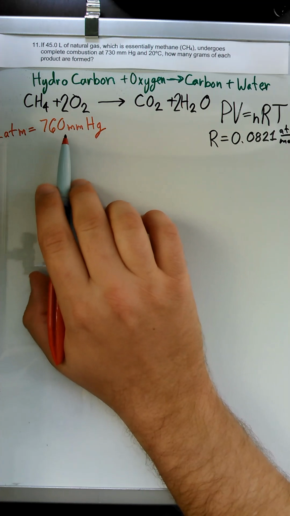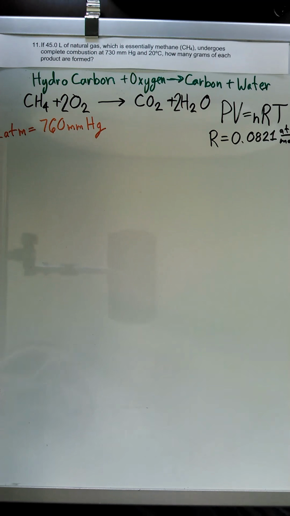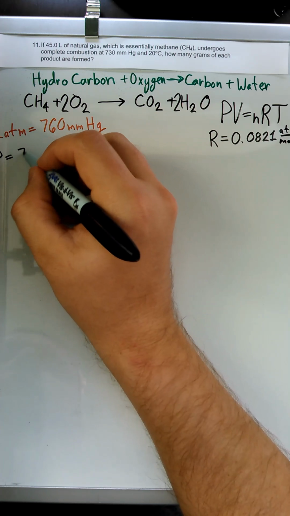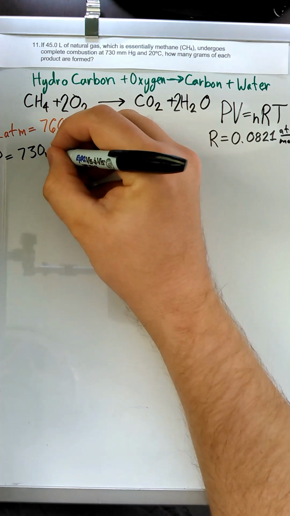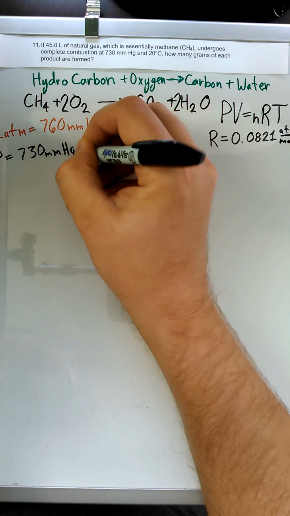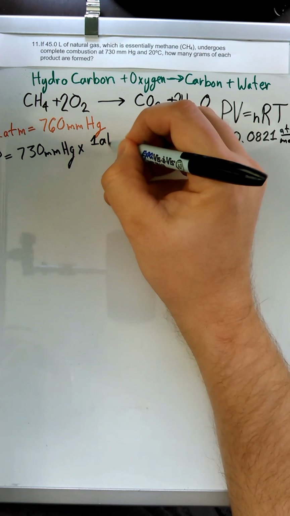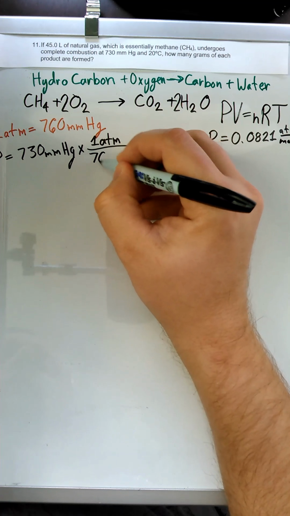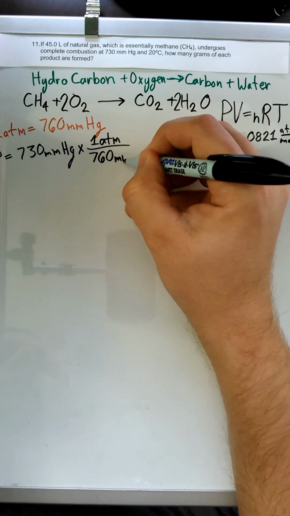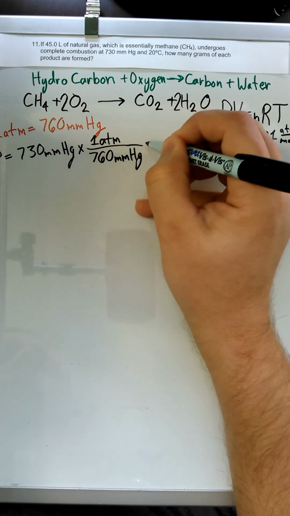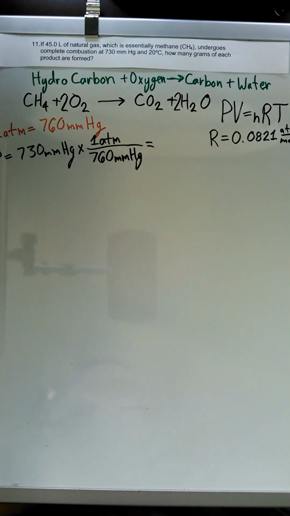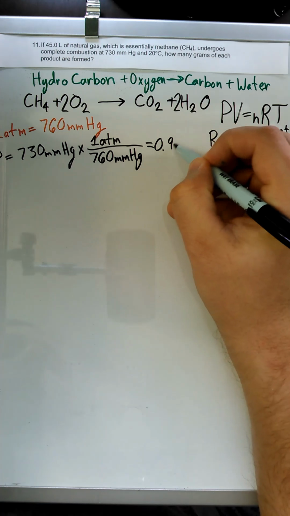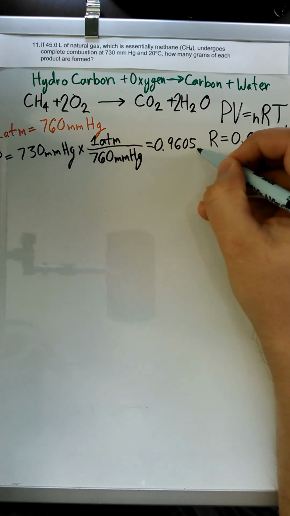So when it says the pressure is 730 millimeters of mercury, I can multiply by 1 atmosphere and divide by 760 millimeters of mercury. When I do that, I get a pressure of approximately 0.9605 atmospheres.